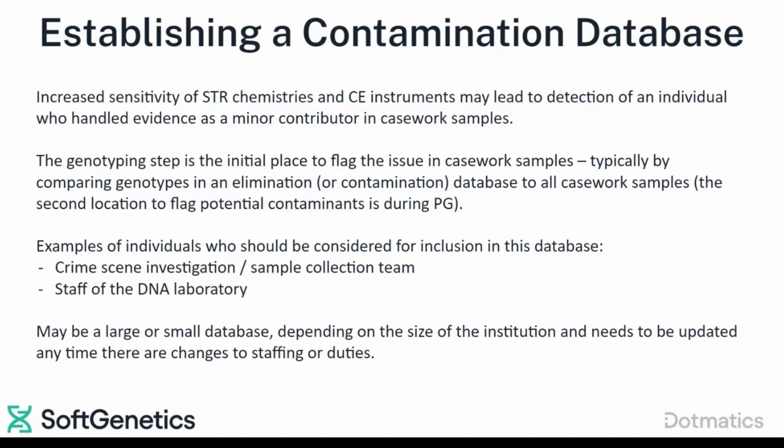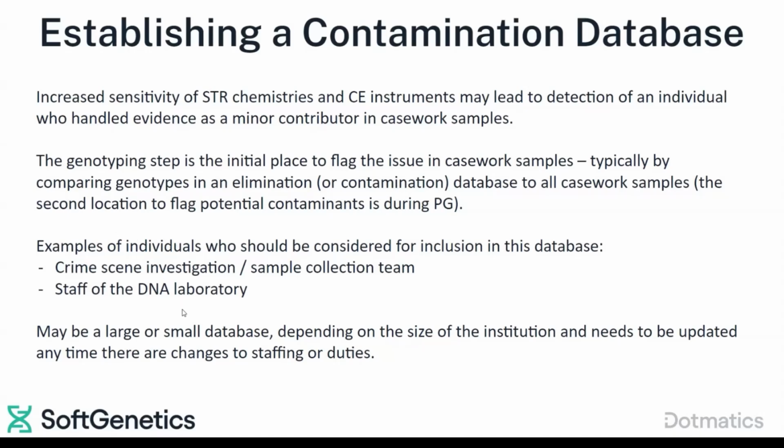And so typically the genotyping step is the initial place to flag a situation where a casework sample may have a contaminant from your elimination or your contamination database. The second place to flag this would be during your PG analysis, but the CE step is the initial place to detect contamination.